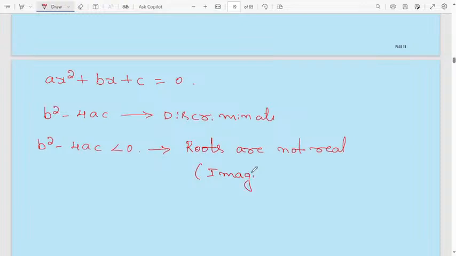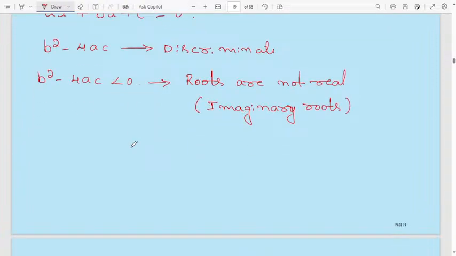When you will get imaginary roots: if b square minus 4ac is less than 0. Remember the condition.